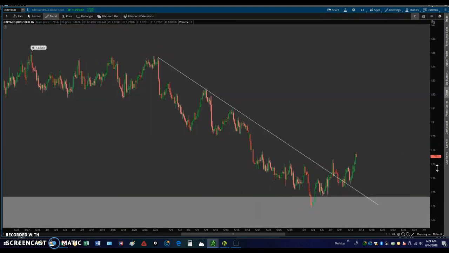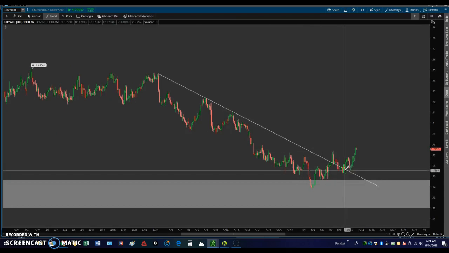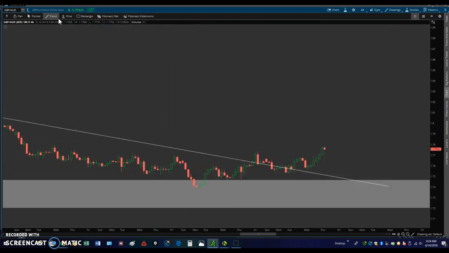So once we broke that trend line and we're retesting it, we had a decent bullish move off of it, which broke out of a little range that you can see here. Just a little consolidation period.